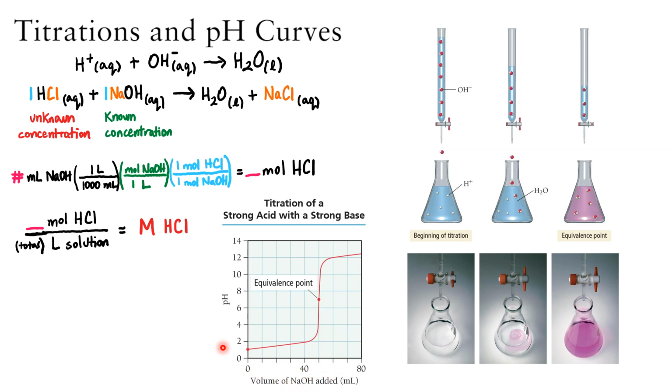The more base you add, the higher your pH is. But when you're trying to neutralize an acid with base, you're going to get this characteristic S-curve. This is how the pH is going to change. And the equivalence point is right in the middle over here. This is the point where all of your H plus has been consumed by your OH minus and turned into water. Okay.